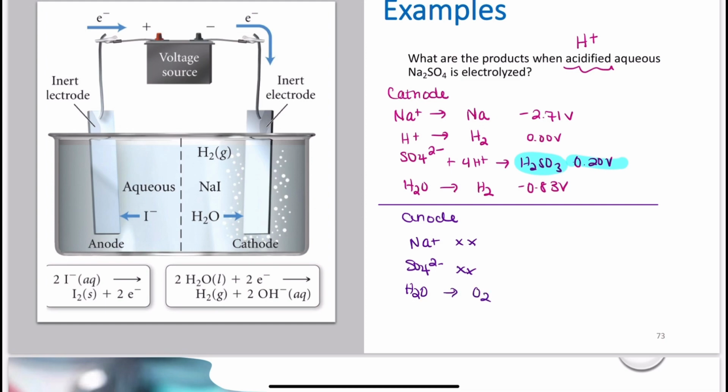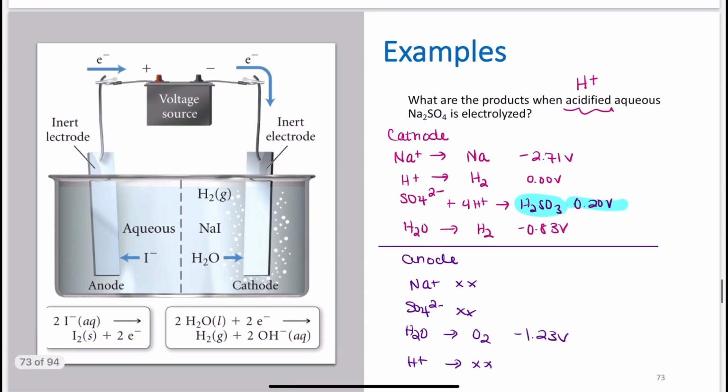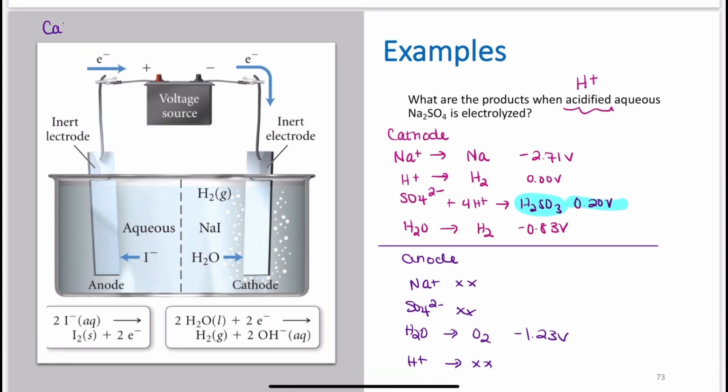My H2O can go to oxygen, negative 1.23 volts. H+ can't do anything. So what I find is that at my cathode, I'm forming H2SO3, while at my anode, I'm forming O2.